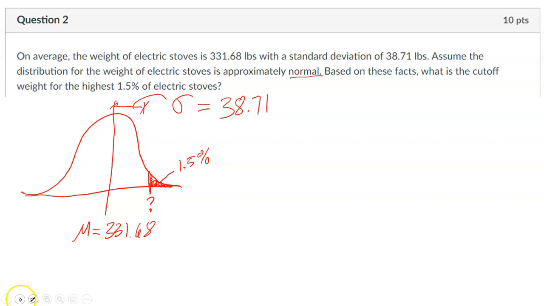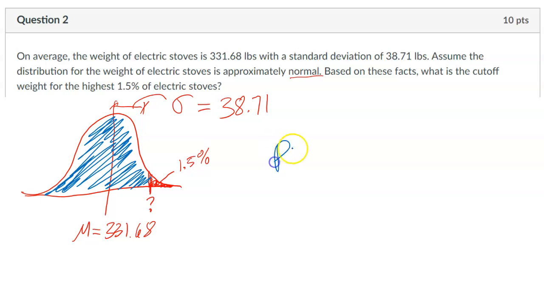And if you remember, the Z table always gives us the percentile, the percentage of data that is below that point. That's what the Z table gives us.